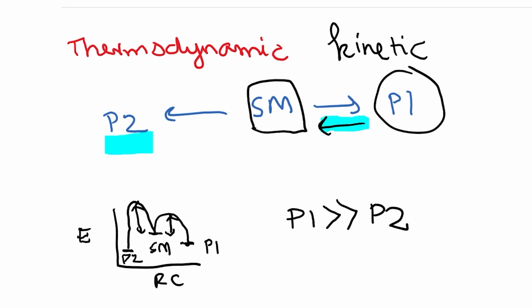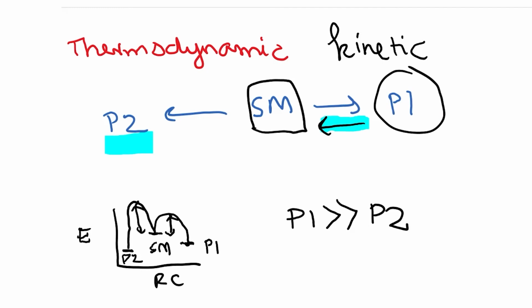So now when I increase the temperature, a larger fraction of molecules have higher energy. And P1 is still going to be formed much faster when compared to P2.